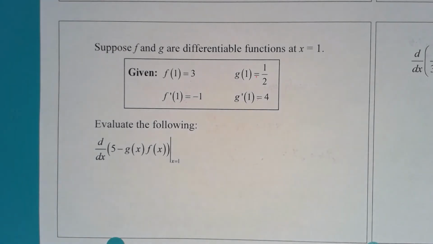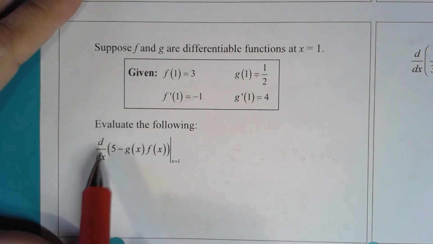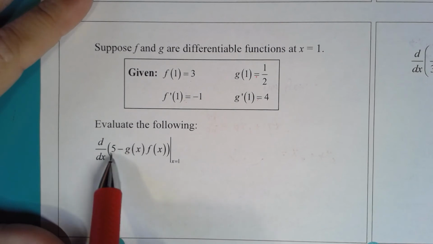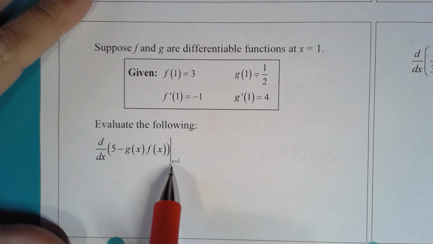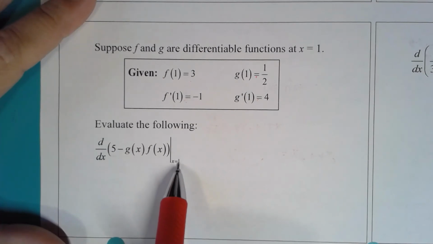So they give us f of 1, f prime of 1, g of 1, excuse me, g prime of 1. And they want us to evaluate the following. It says d dx, take the derivative of this function when x equals 1. So we're going to take the derivative and plug in a 1.